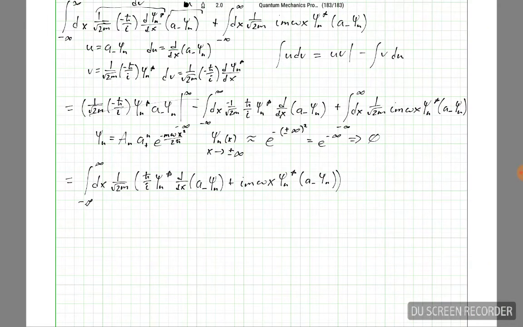Okay, so from here you can probably see how we got our solution. Well, let's go ahead and pull these out here. So I'm going to go ahead and pull out the psi n's because there's nothing acting on them. And then I have 1 over square root 2m h bar over i d/dx. And I'm going to go ahead and pull these guys out and put them over here because the operator is acting on them. So that's why I need to put them on that side.